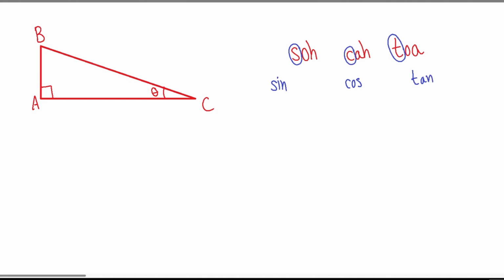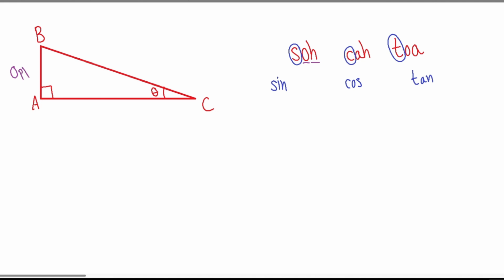The two letters after, in this case in sine, there is an O and an H. The O is the opposite side. So from the perspective of angle C or angle theta, AB would be the opposite side.